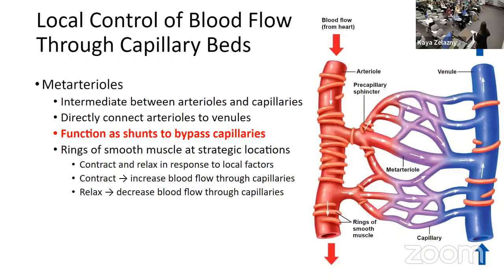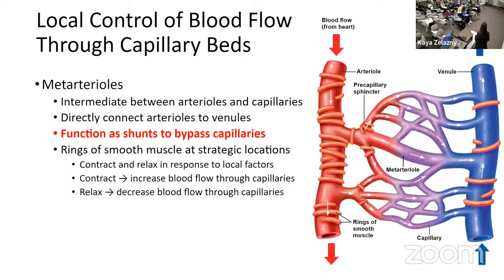If you narrow the radius of that meta-arteriole, you pump up its resistance, and it's going to force blood into the capillary networks around it. Functionally, this works because there are rings of smooth muscle around the meta-arteriole at strategic locations that allow you to block it off or open it up, depending. If the meta-arteriole contracts, blood is not going to go through the meta-arteriole, it goes through the capillary instead.